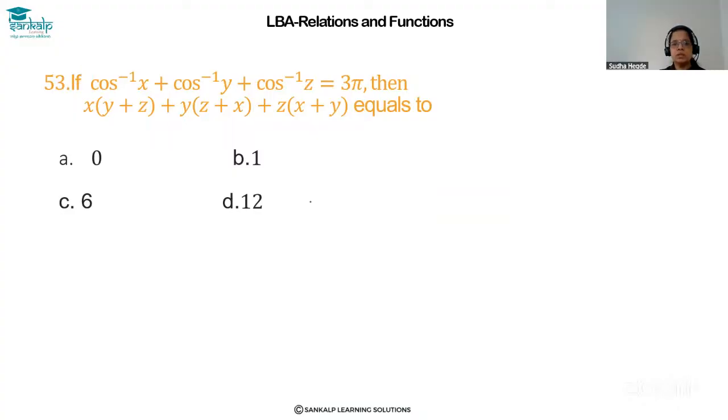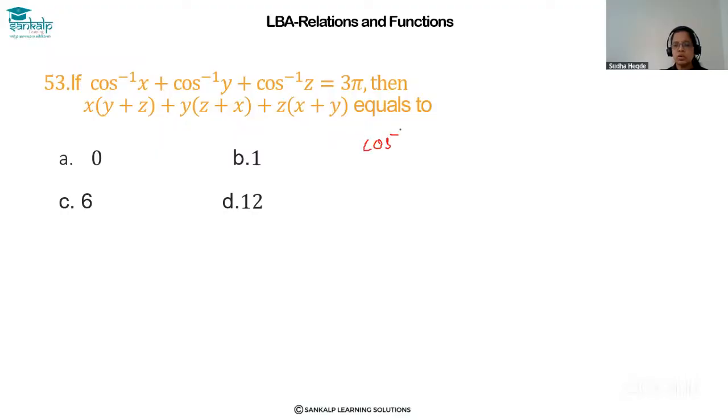Hi students. The question is, if cos inverse x plus cos inverse y plus cos inverse z is equal to 3 pi, then x into y plus z plus y into z plus x plus z into x plus y is equal to option A 0, option B 1, option C 6, option D 12.